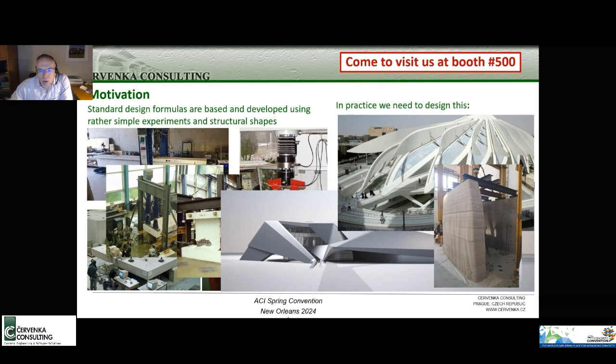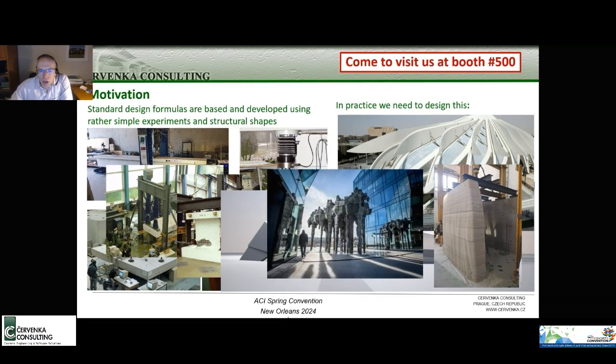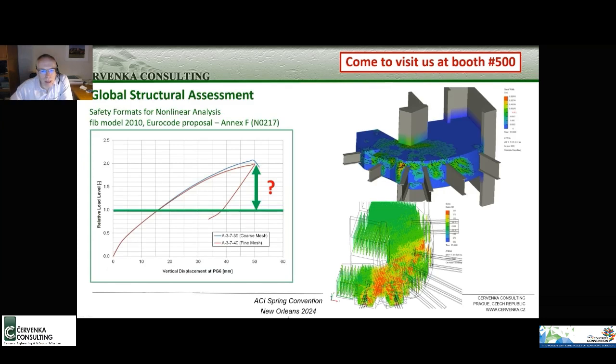Nowadays we have the new technology of 3D printing of concrete, which again is quite outside of the scope of our original empirical formulas based on quite simple and small laboratory experiments.